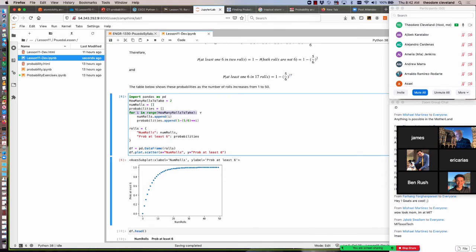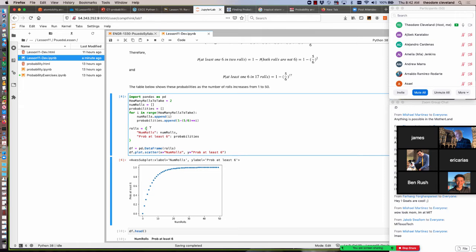So in our classic for loop structure, we will take the number of rolls list and append to it the roll count. So it's going to start from 0, then go 1, 2, 3, and so on. And we're going to append to the probabilities the computed probability of 1 minus (5/6) raised to the roll count power.